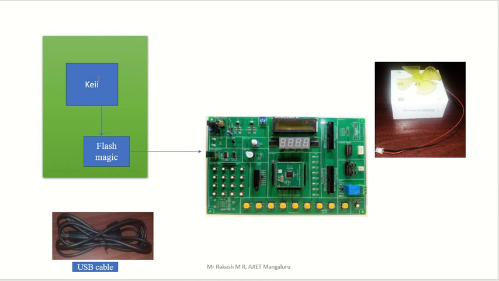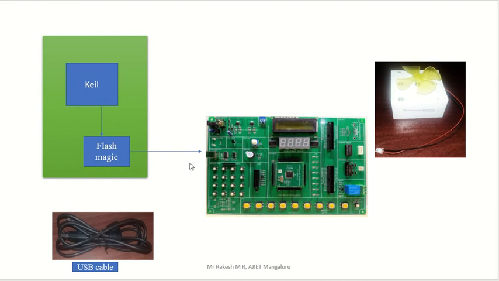Why are we converting? Because here we have an embedded device, and for that device we have to send the .hex file only. So we are writing our program related to the DC motor in Keil software in embedded C, converting that into a hex file, and we are using another software to load that .hex file to your LPC2148 kit.